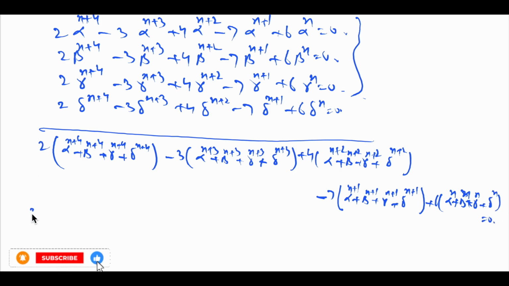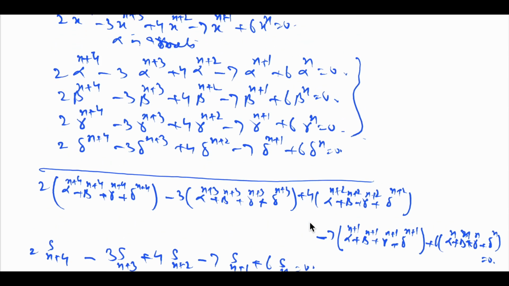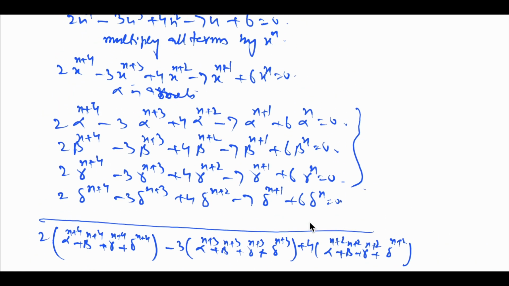This is clearly 2S(n+4) minus 3S(n+3) plus 4S(n+2) minus 7S(n+1) plus 6Sn is equal to 0. So that is the formula we have established.